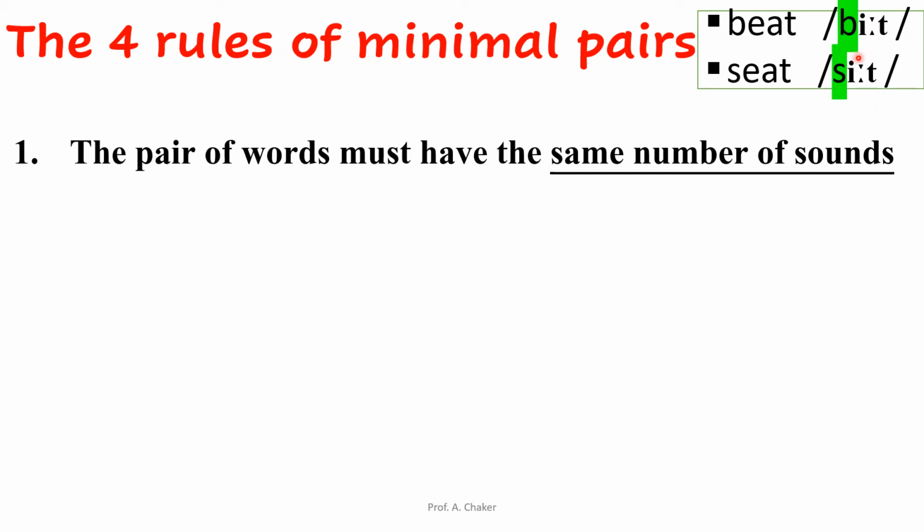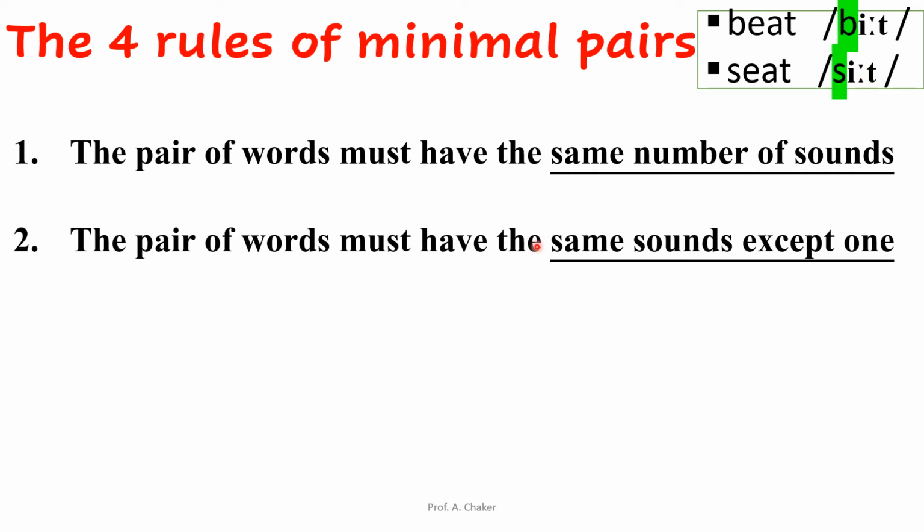So when we want to count the sounds, don't count the letters. Count the symbols that you use to transcribe the words. So 3 sounds here, 3 sounds here. So characteristic number 1. Number 2: the pair of words must have the same sounds except one. T is the same, E is the same. So one sound is different.